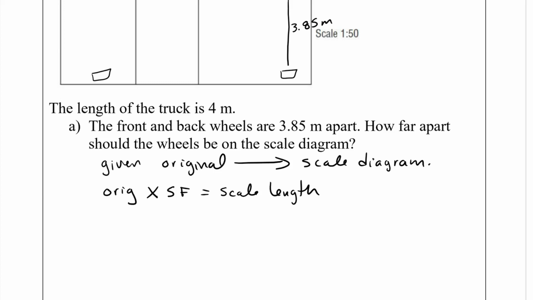So first things first, the only difficult thing about this is that the original, we know what that is. So we can say that that is 3.85. But the scale factor, 1 to 50, another way that we can say that is 1 over 50. So that's going to be our scale length.